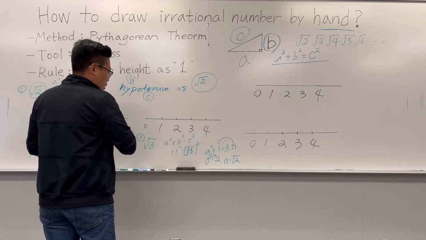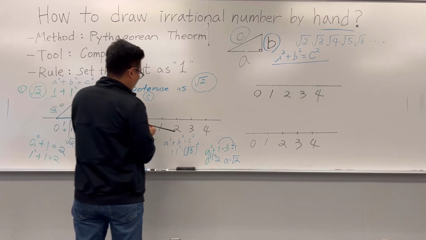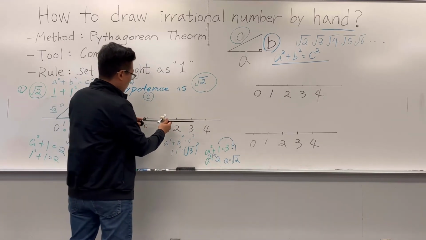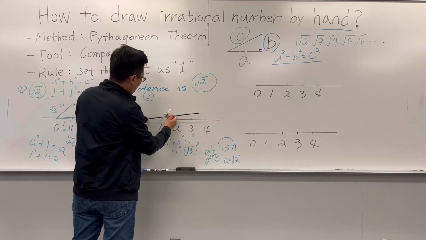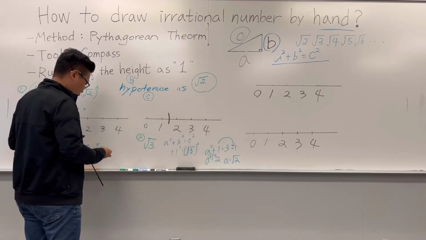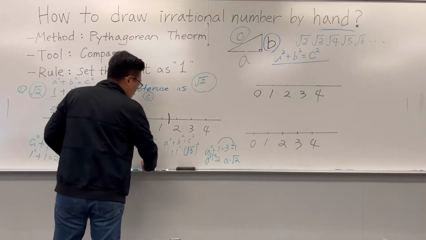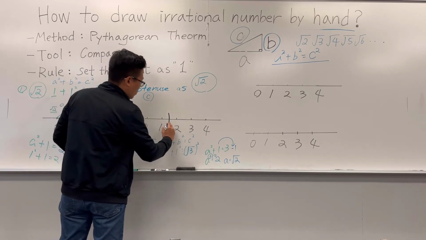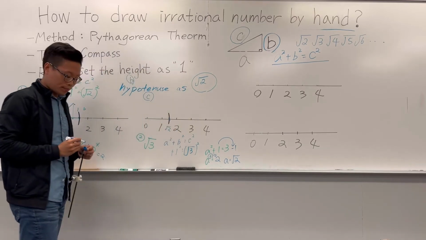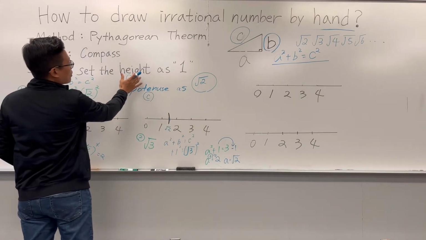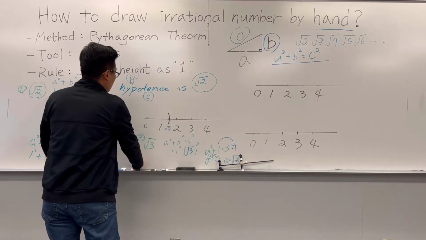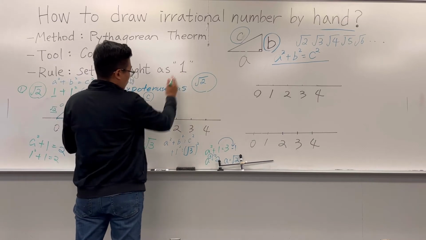So at this point, I'm going to draw. You use your compass needle here, start from 0, right? And then that's the point. Okay, give me a second. That's the point where the square root of 2 is. And back to the rule, the height is b, and that is 1.